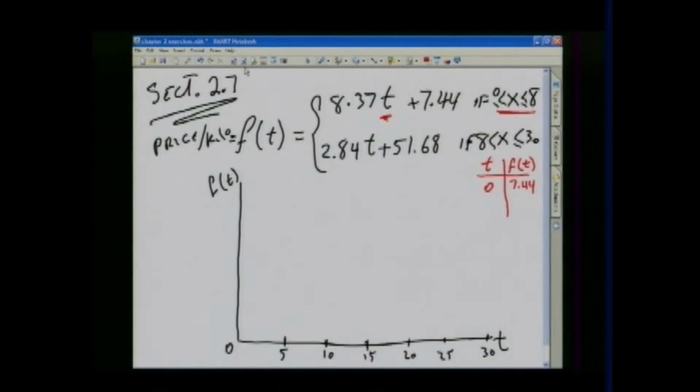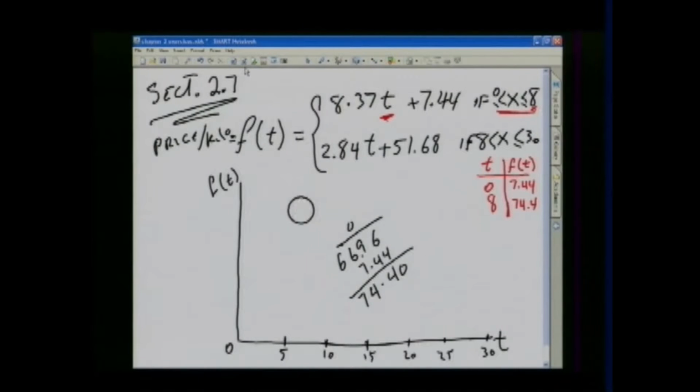The other extreme, when t is equal to 8, in place of t I put 8: 8.37 times 8 is 66.96, plus 7.44, that is 74.40.